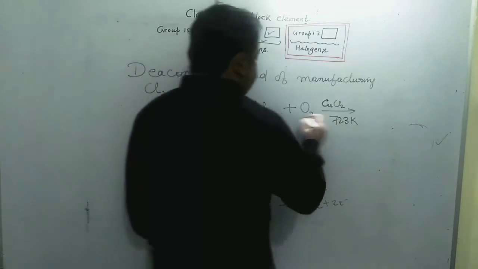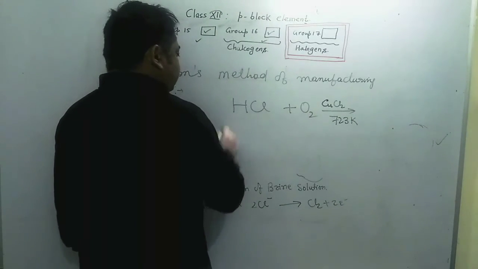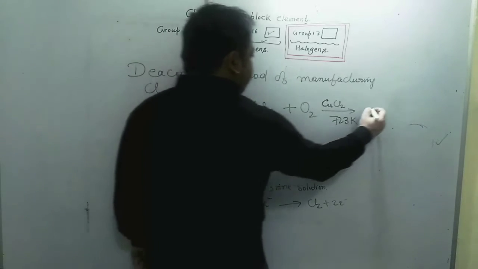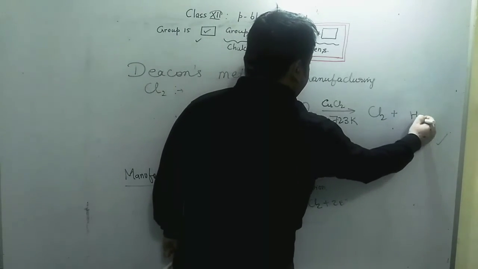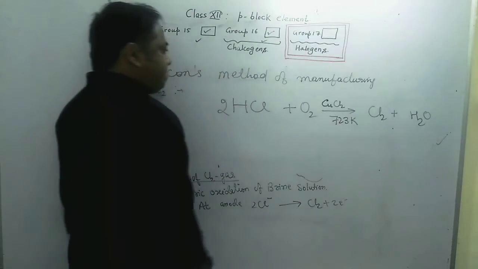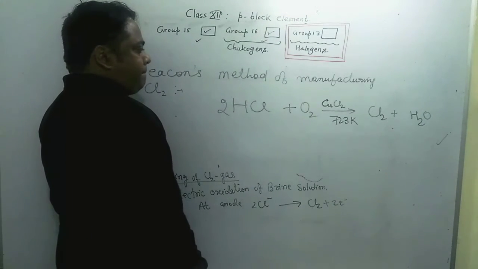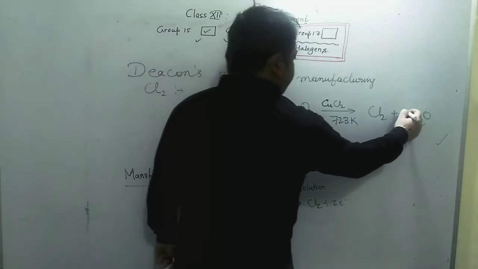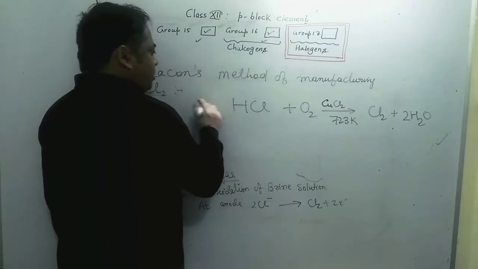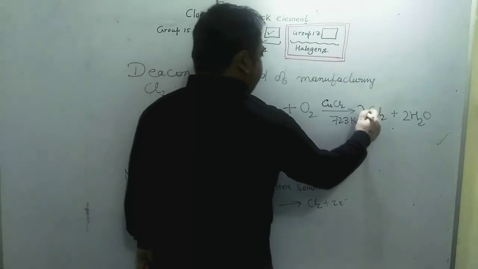This becomes oxidized, so chlorine gas comes out and water is formed. We can give 2 here, this will become 4, we make it 2.